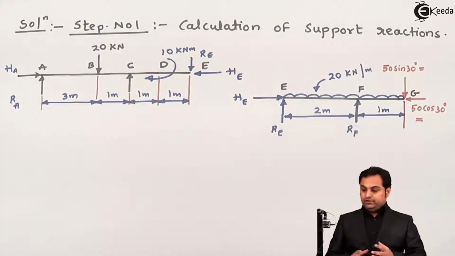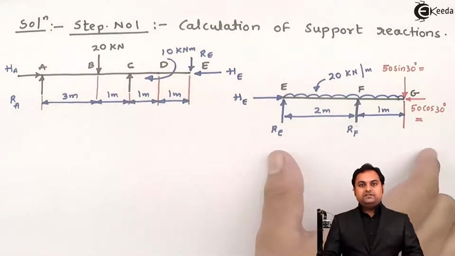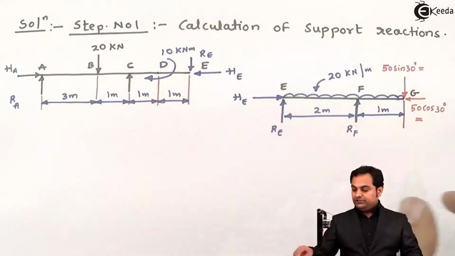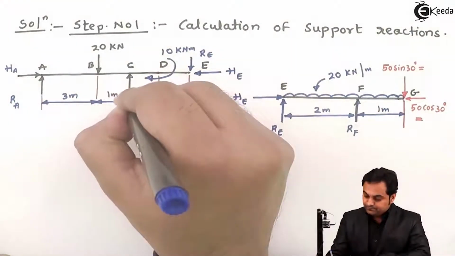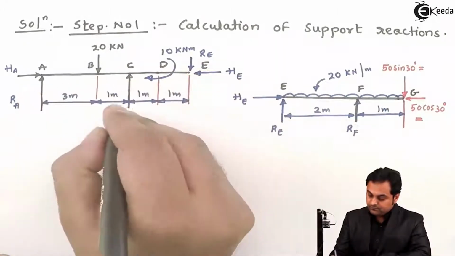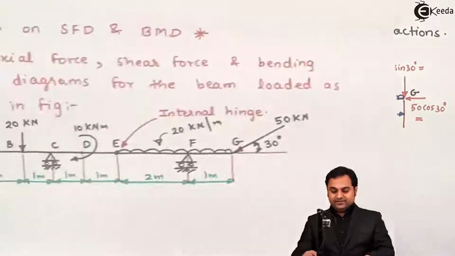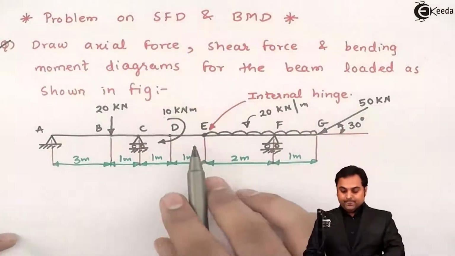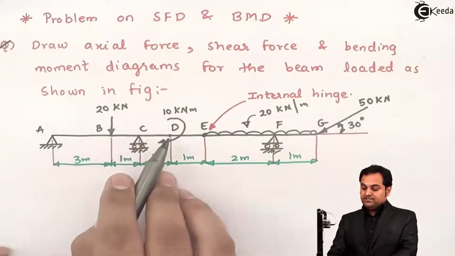So now here I have drawn the split of the beam into two parts at internal hinge point E. I'll explain what I have done here. As internal hinge is there at point E, I have drawn the free body diagram of beam ABCDE.